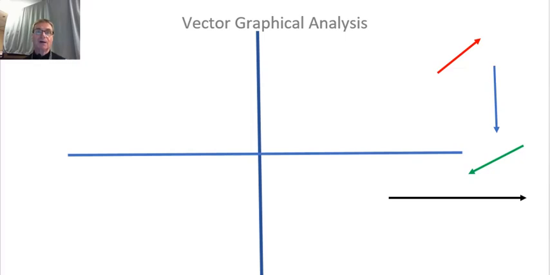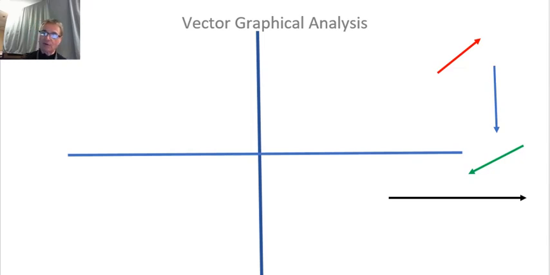You could walk 2 miles and get really lucky and get to my house, or you could walk 2 miles in some other direction and be 2 miles further away, or 1.5 miles further away. You could be anywhere within a certain radius. And so when we want to describe something that has both a magnitude, a number part, and a direction, we use something called vectors.